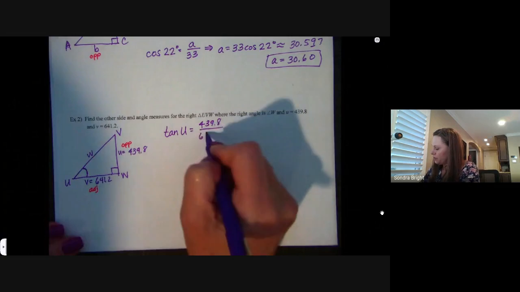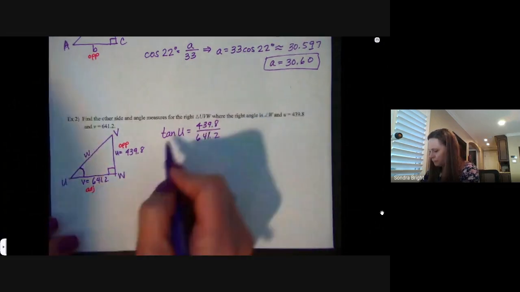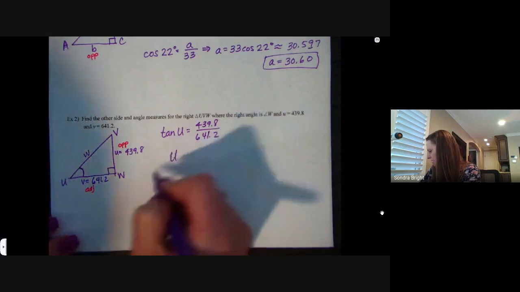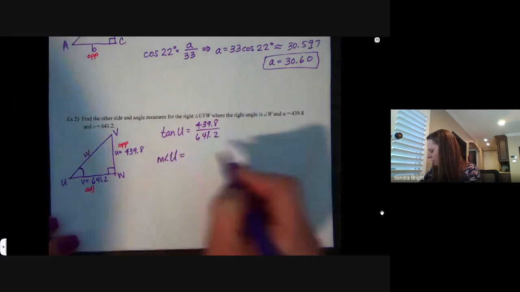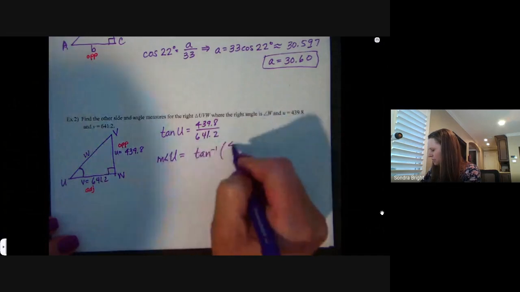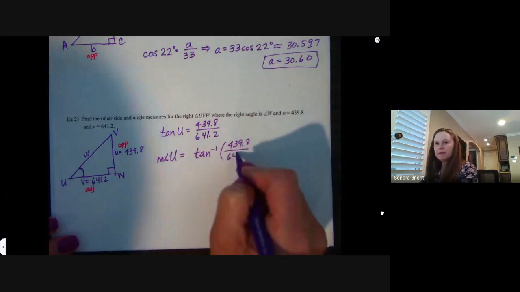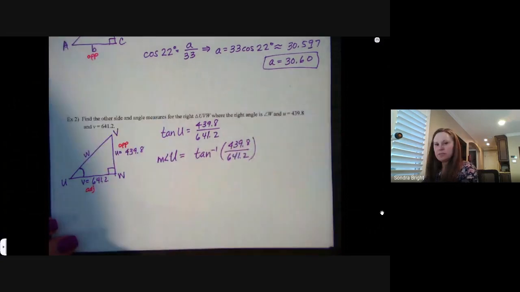And so the measure of angle U will be inverse tangent of 439.8 over 641.2. And you'll put that in your calculator, making sure you're in degree mode still.